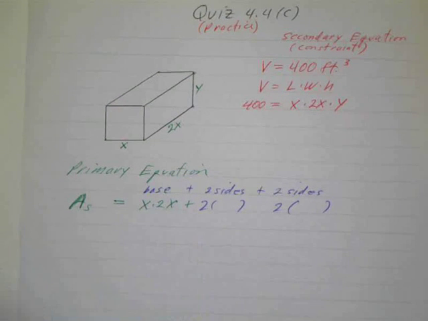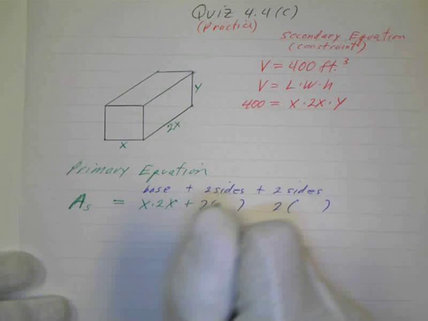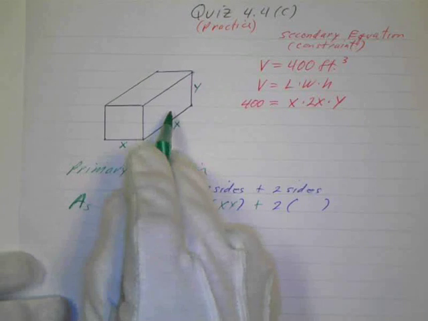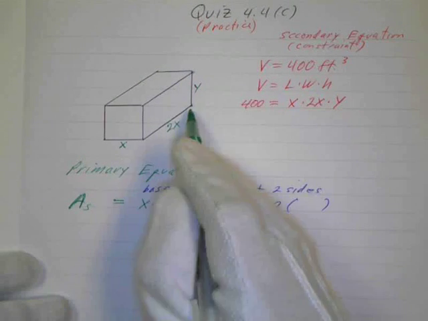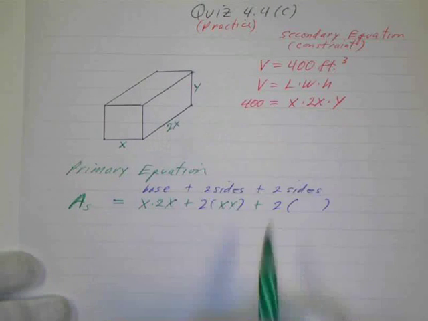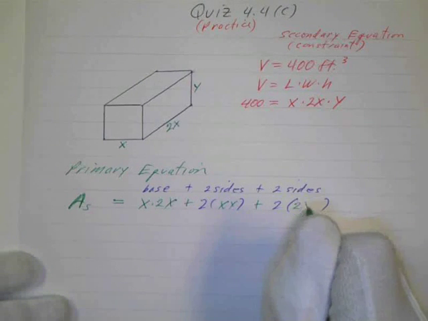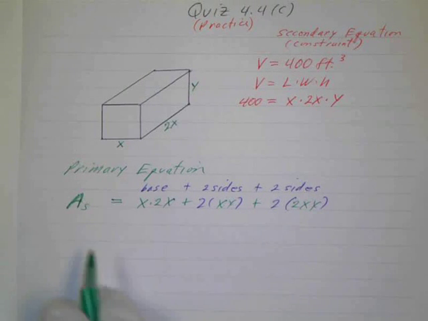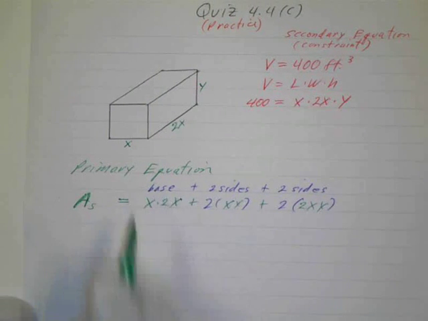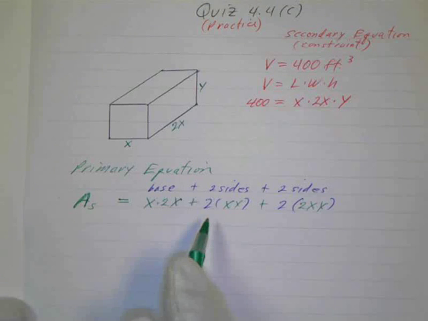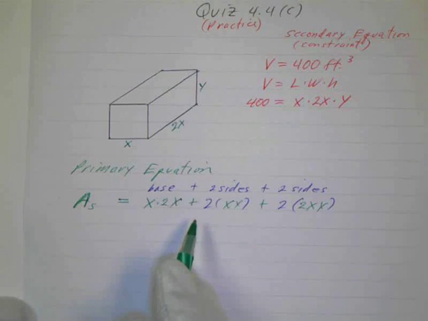And that'd be the front and the back, and that'd be 2 times x times y. And then we've got the right side and the left side, and those are going to be bigger because this is longer than the front, so that's going to be 2x times y. We got 2 of those. So that's my surface area, and this is my primary equation. This is what I want to minimize, so this is what I'm going to take the derivative of. And hopefully it's going to go from negative to positive.